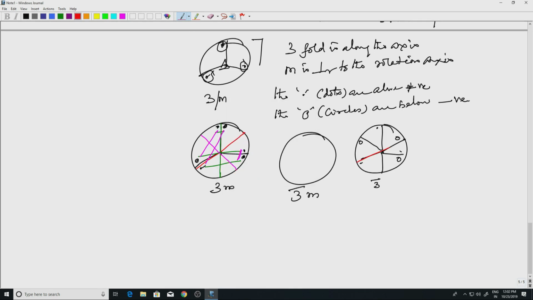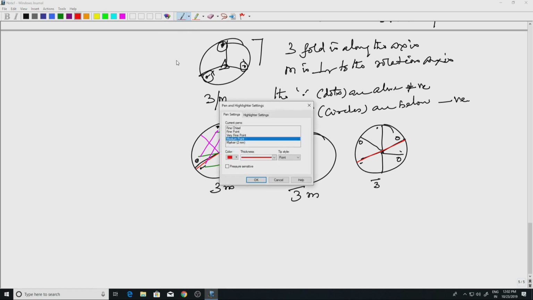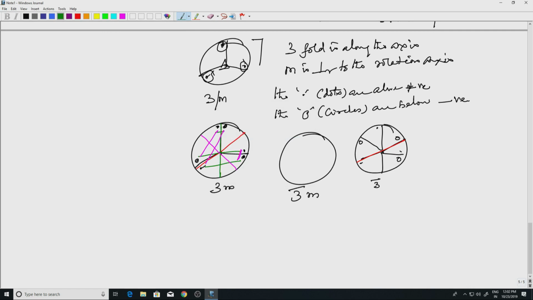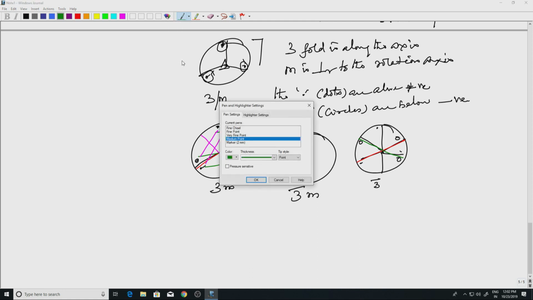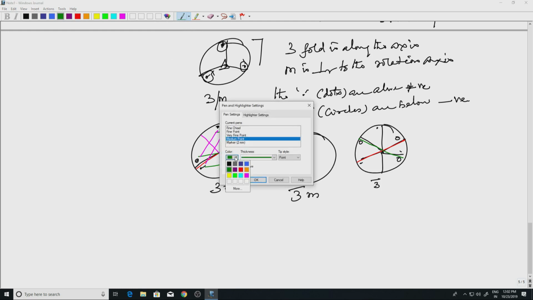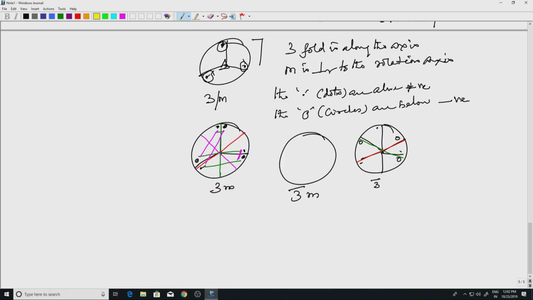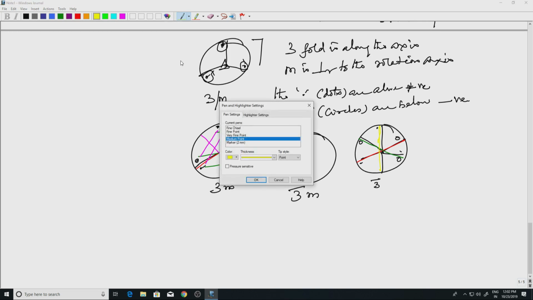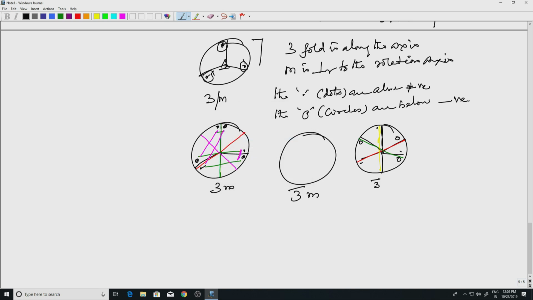So this is the mirror. Or here can be a mirror. Or it can be a mirror here. Now we have to remember, this is threefold which we considered.